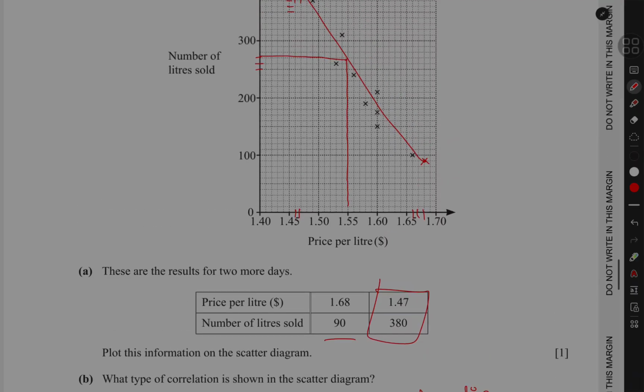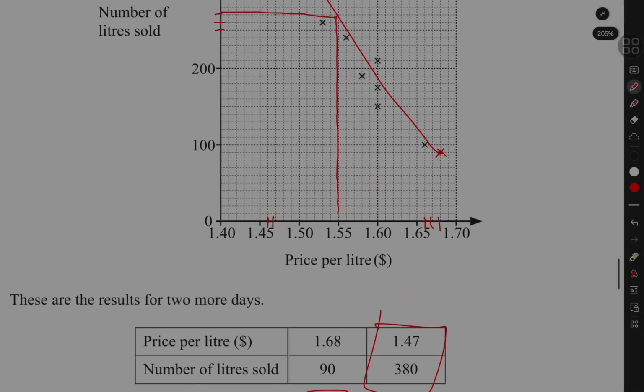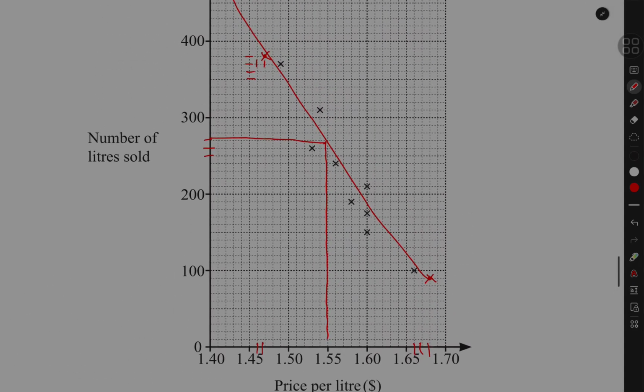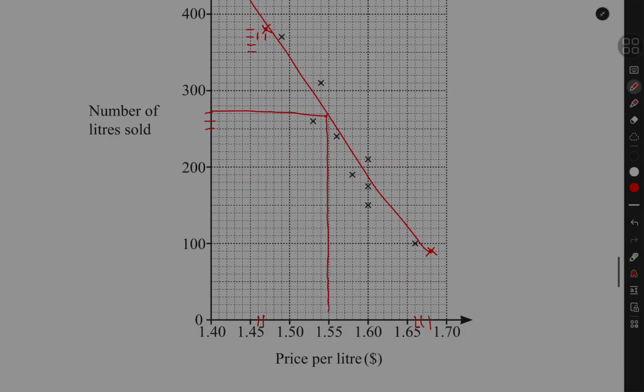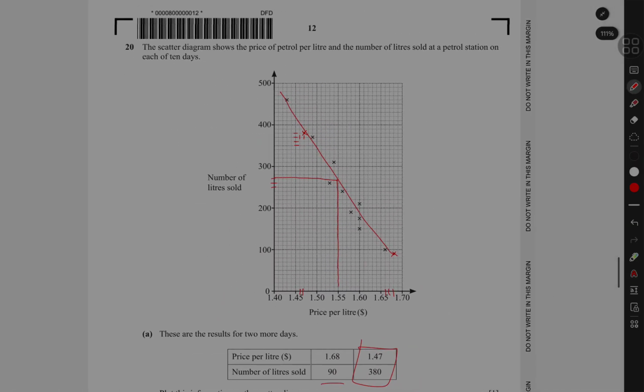Yeah, but it's not 270, but really 270. Just a second. I just saw that I have just winged the line of best fit, which is not the best approach.